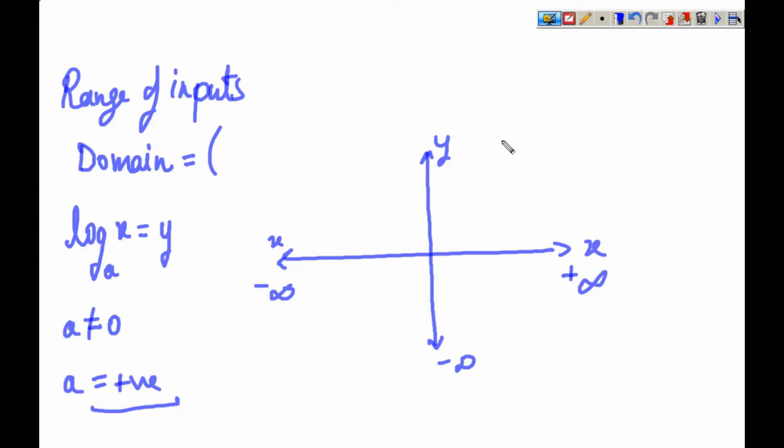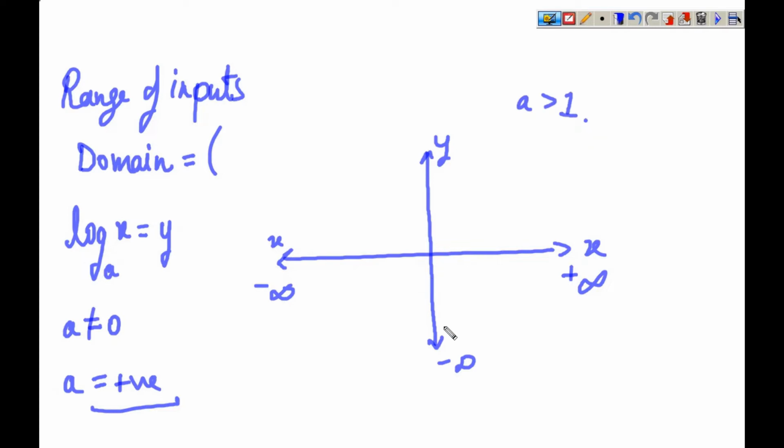When a is greater than 1, we get one function, and when a is less than 1 but greater than 0, we get a different kind of graph. In this graph, I'll make it when a is greater than 1.